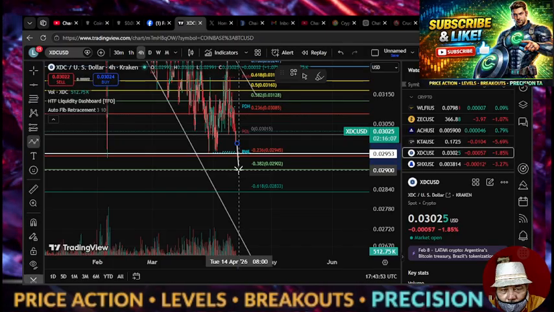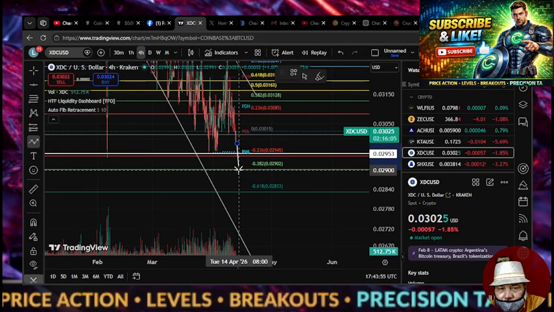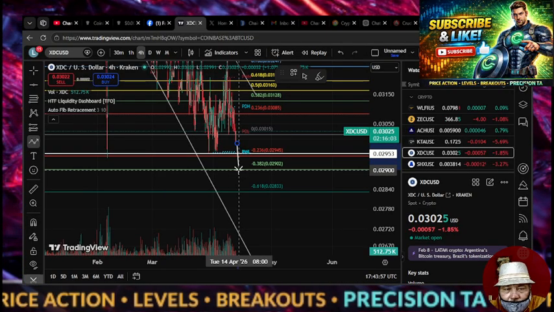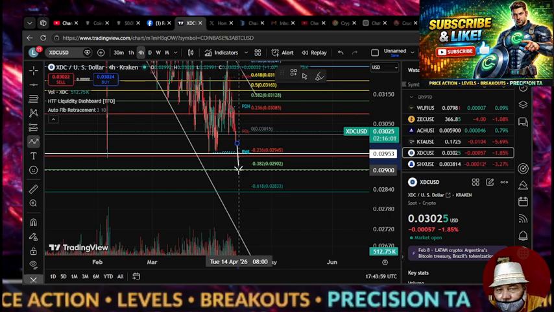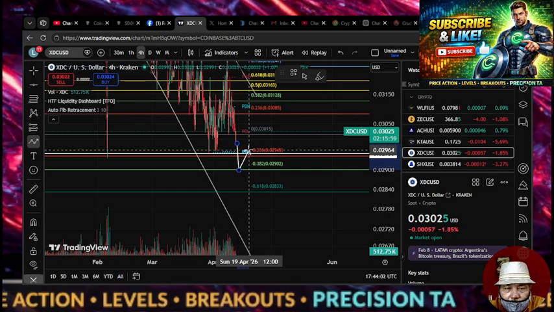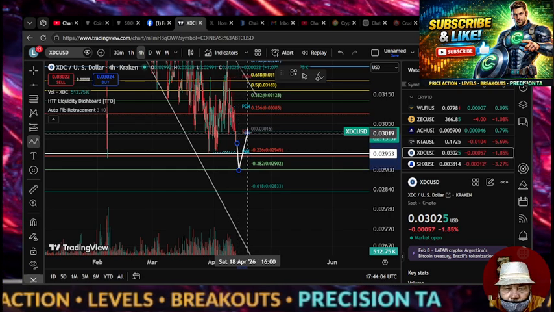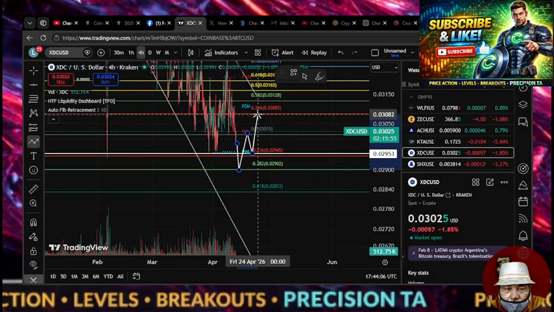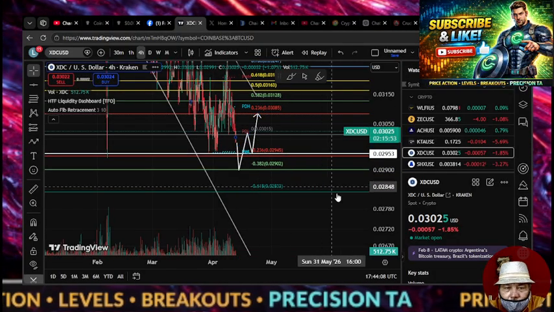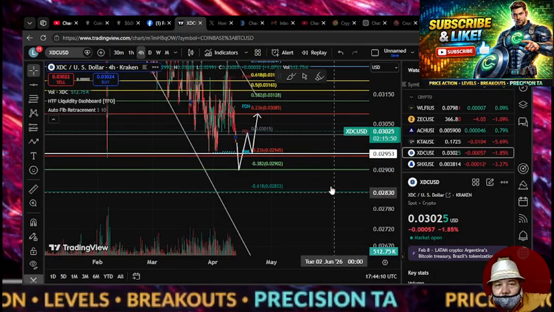If we fall below the previous month low at 02945, coming down to 02902, then we push our way back up before getting back up here. So that's what I wanted to bring to your attention.